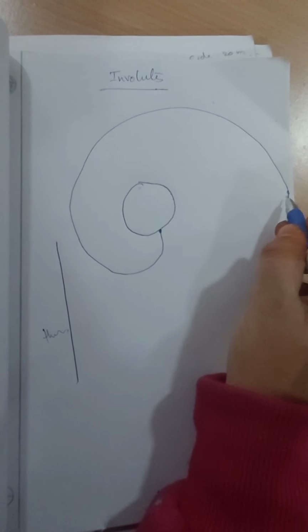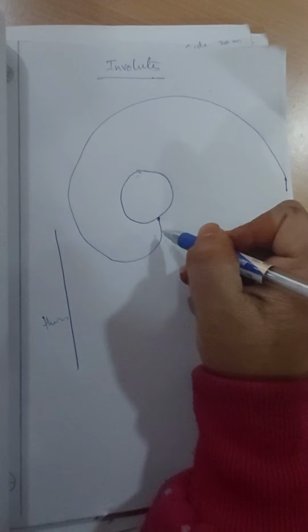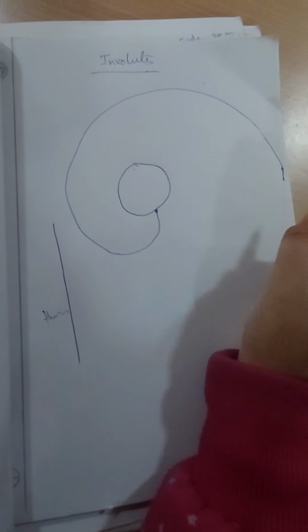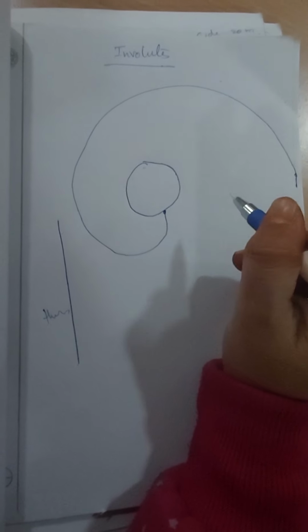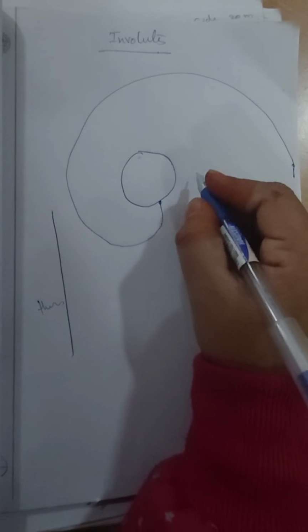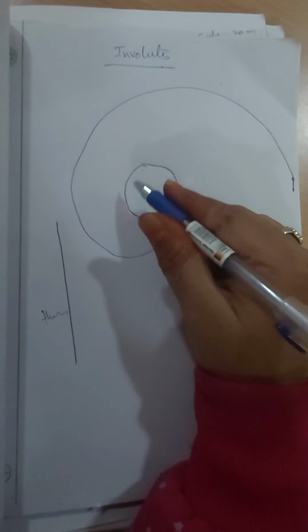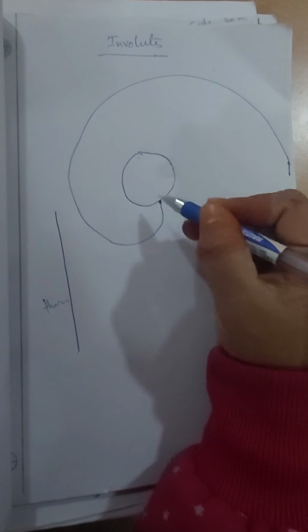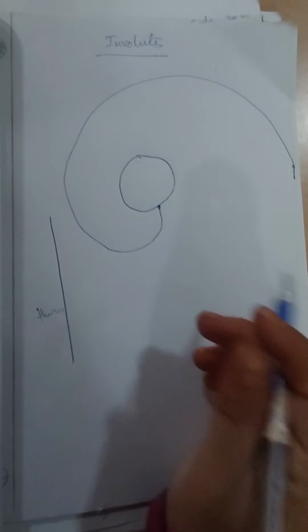This is the profile called the involute. Generally this is used for gear teeth and to create cam profiles. The unwinding of the thread is considered for one revolution on the circle.